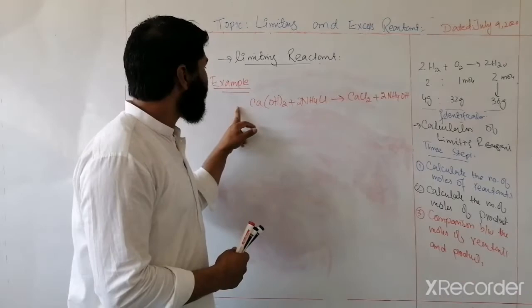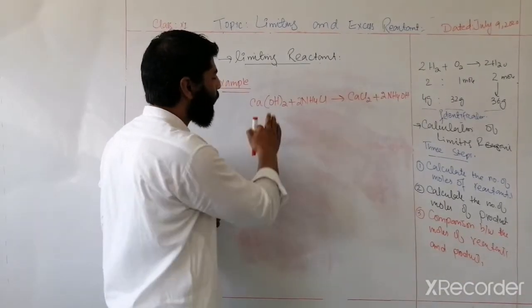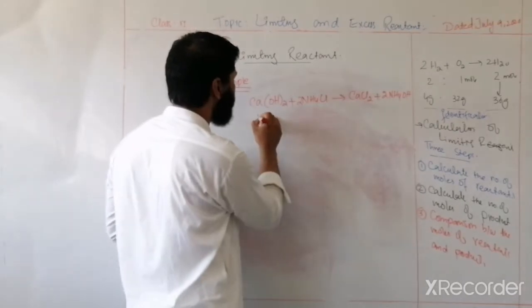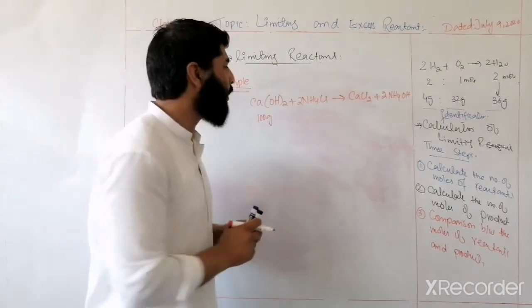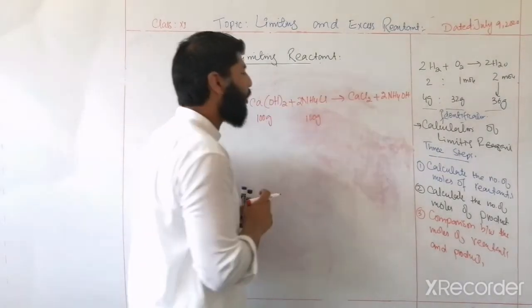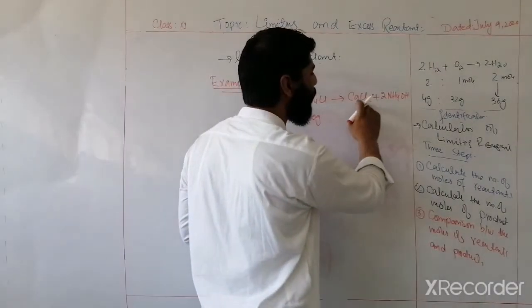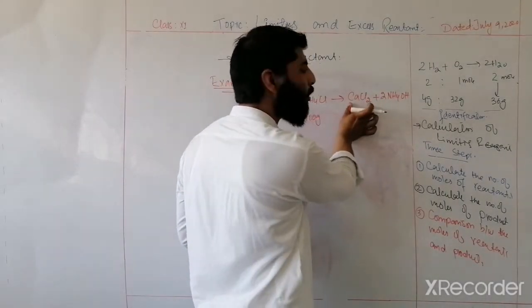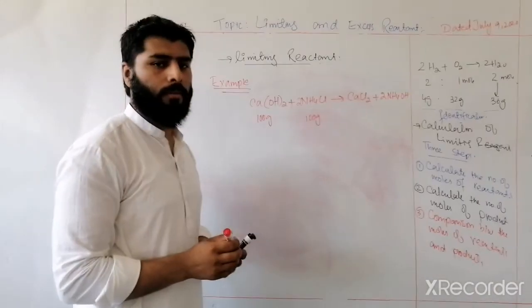now students, consider another example in which 100 grams of calcium hydroxide and 100 grams of ammonium chloride react with one another to produce 1 mole of calcium chloride and 2 moles of ammonium hydroxide.